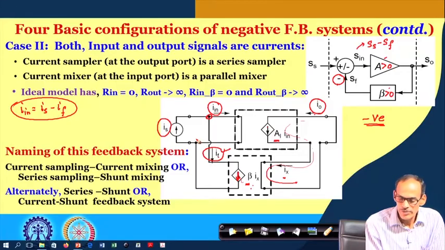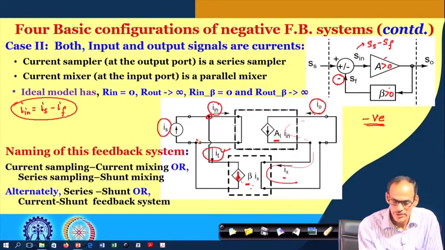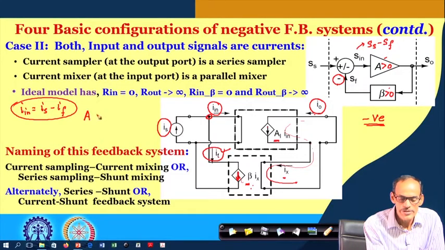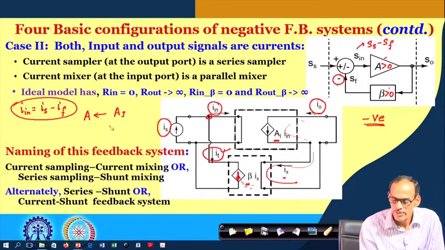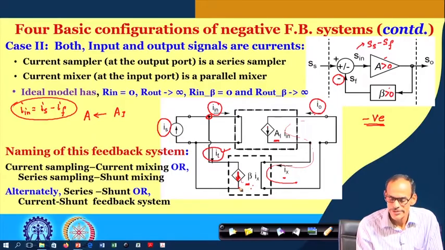So, if you also have observed that A needs to be replaced by A I, and beta, of course, remains the same, and A I is converting current to current.